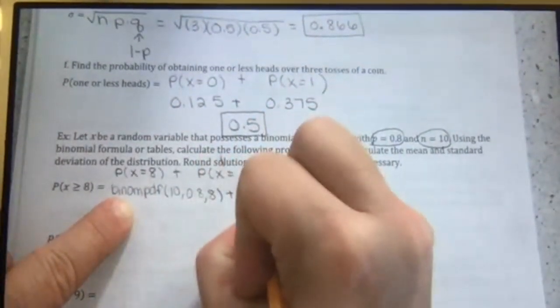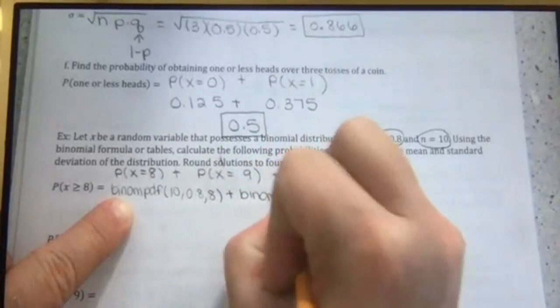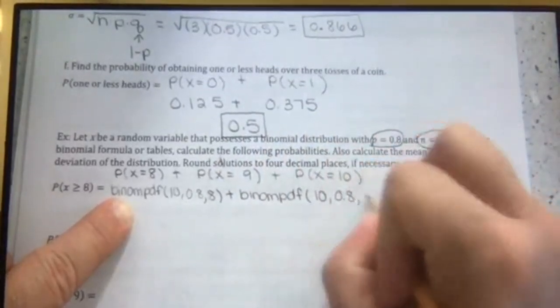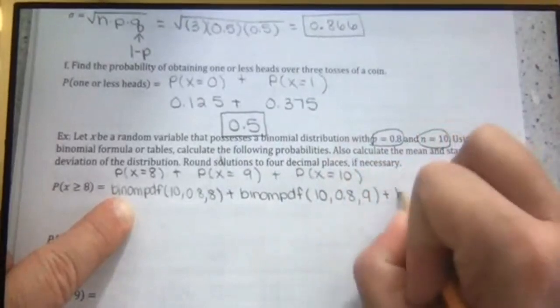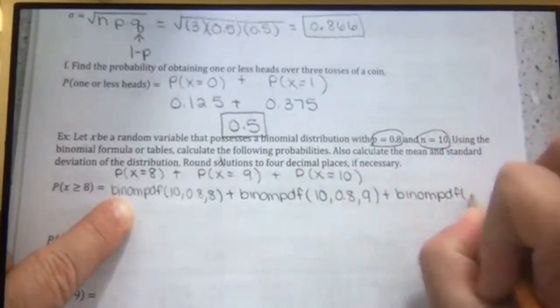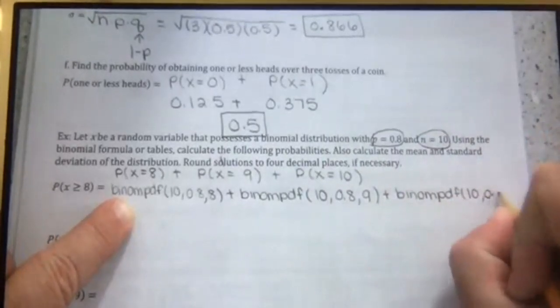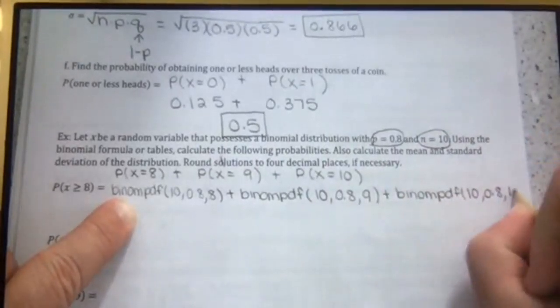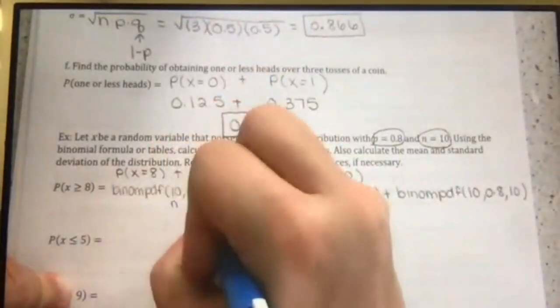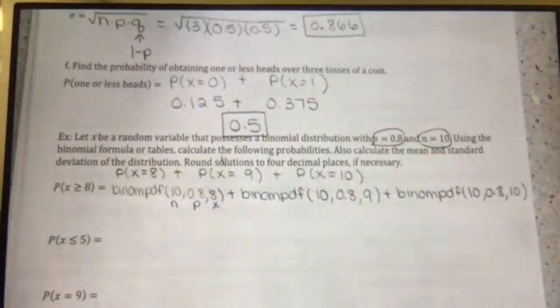Plus binom PDF, 10 is our number of trials, 0.8 is our p-value, x is 9. Plus binom PDF, 10 is the number of trials, 0.8 is my p-value, 10 is my x value. Remember, it's n comma p comma x.